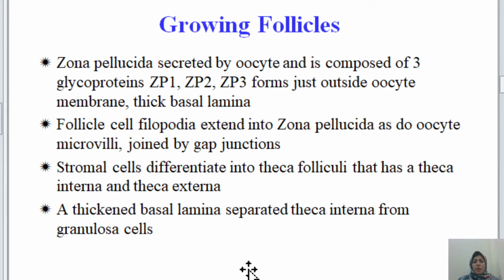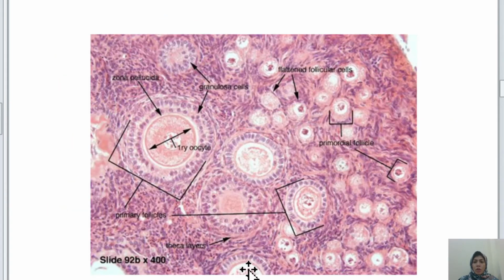Follicle cell filopodia extend into the zona pellucida, as do oocyte microvilli, and these cells are joined by gap junctions. Stromal cells differentiate into theca folliculi that has a theca interna and a theca externa. And a thecal basal lamina separates the theca interna from granulosa cells.